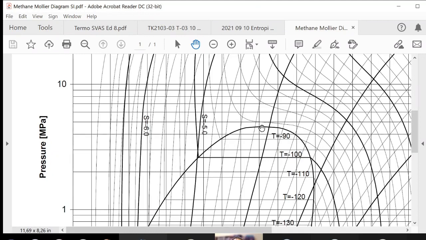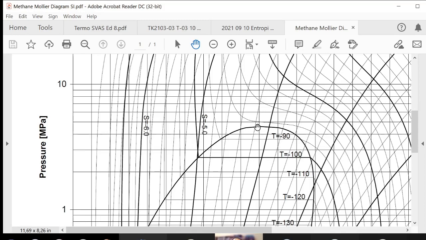Okay, our point is over here. Is it closer to minus 80 or closer to minus 90? Minus 80, sir. Okay, if it is closer to minus 80, let's assume this is minus 83, because it is closer to minus 80 here. This is minus 83, and then this is minus 90. That's the way to estimate visually.